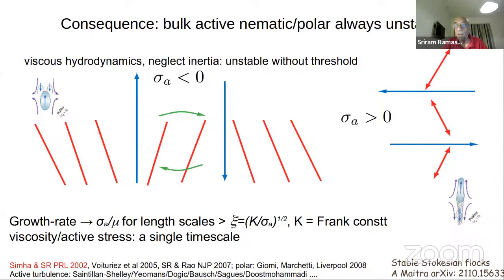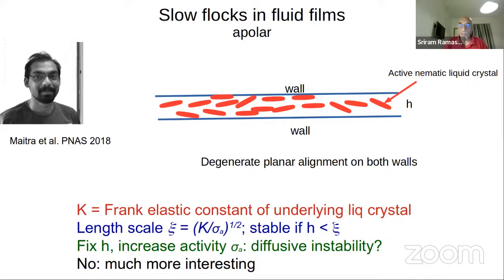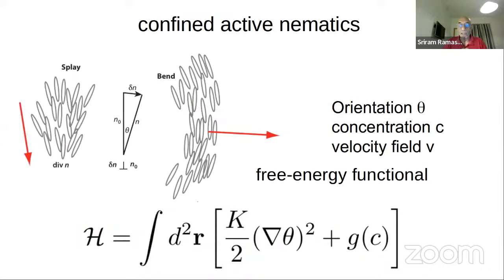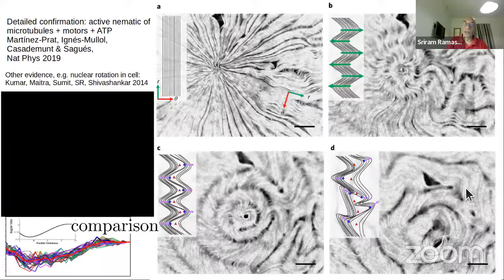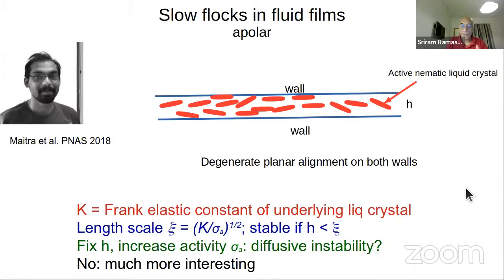Okay, this is the problem I'm trying to solve. You can look at two kinds of problems here. One where I don't worry about the fact that these swimmers have a head and a tail. I simply only worry about the fact that, look at this cartoon, each of them is a force dipole. And one where I actually worry about the head-tail aspect, okay?